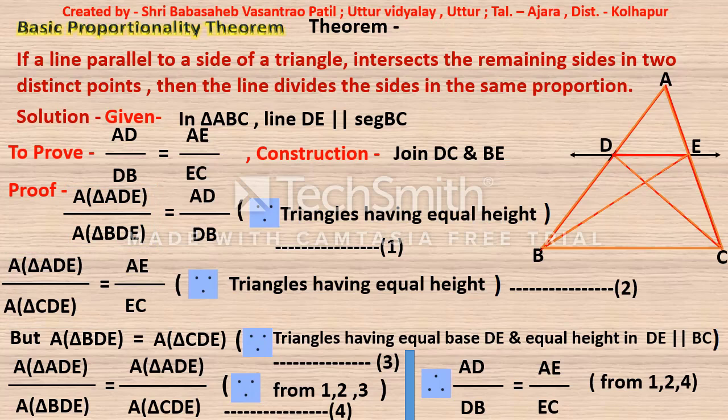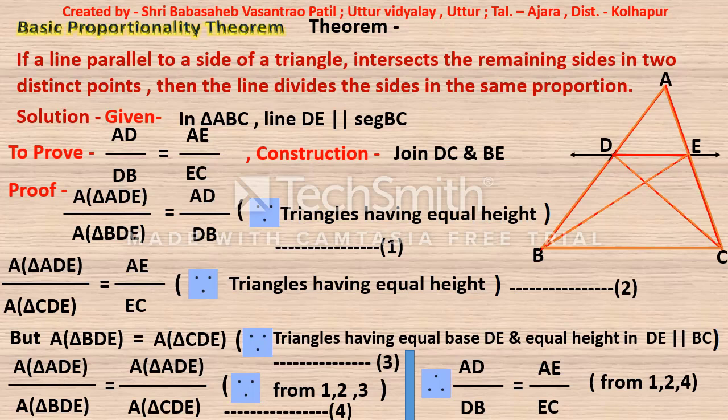Area of triangle ADE divided by area of triangle BDE, that is the LHS of the first, equals the LHS of the second equation, that is area of triangle ADE divided by area of triangle CDE.